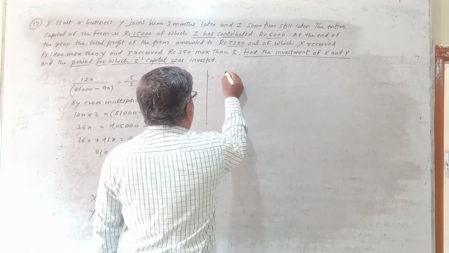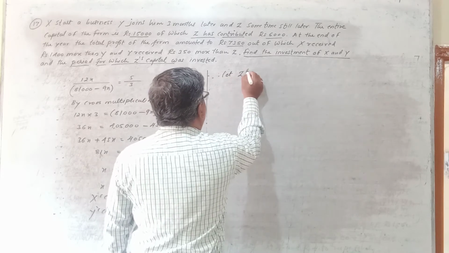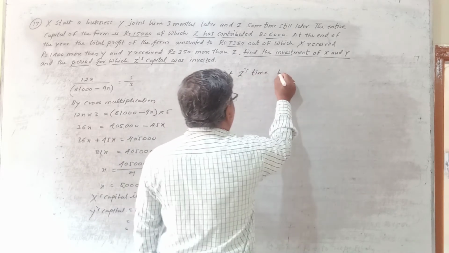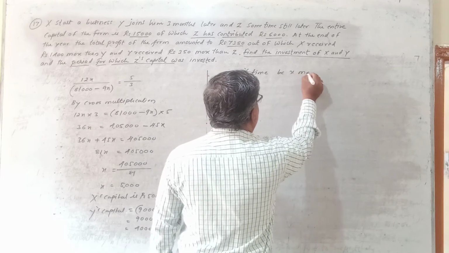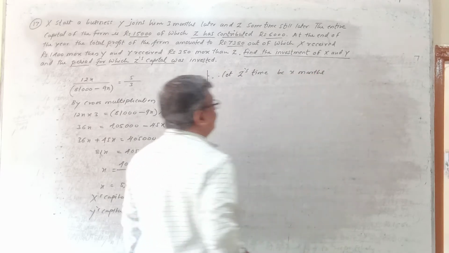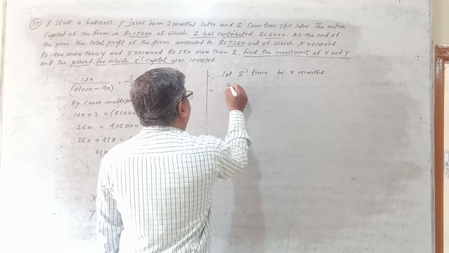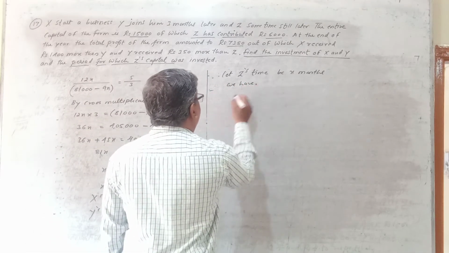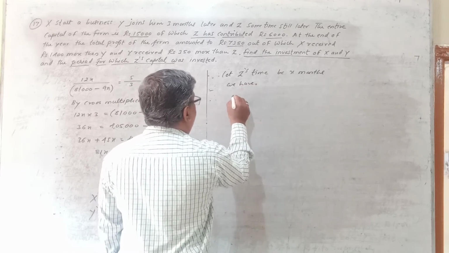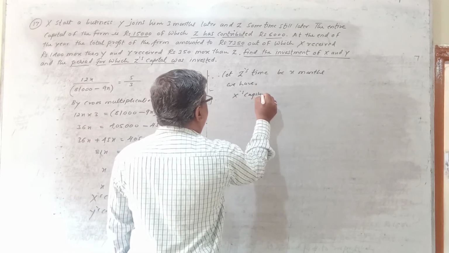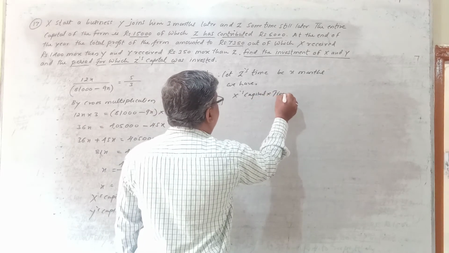So assume here, let Z's time be X months. Suppose his capital is used for X months. So I will take X's capital, right? X's capital, you have to multiply by his time.